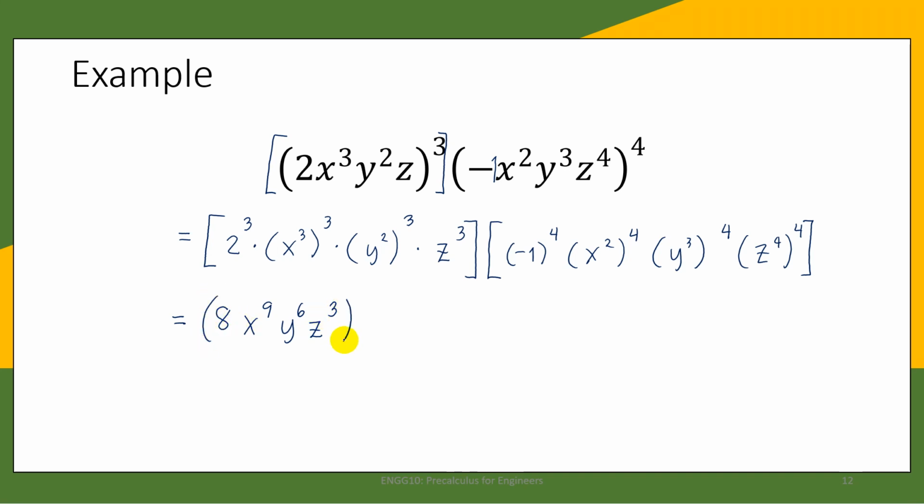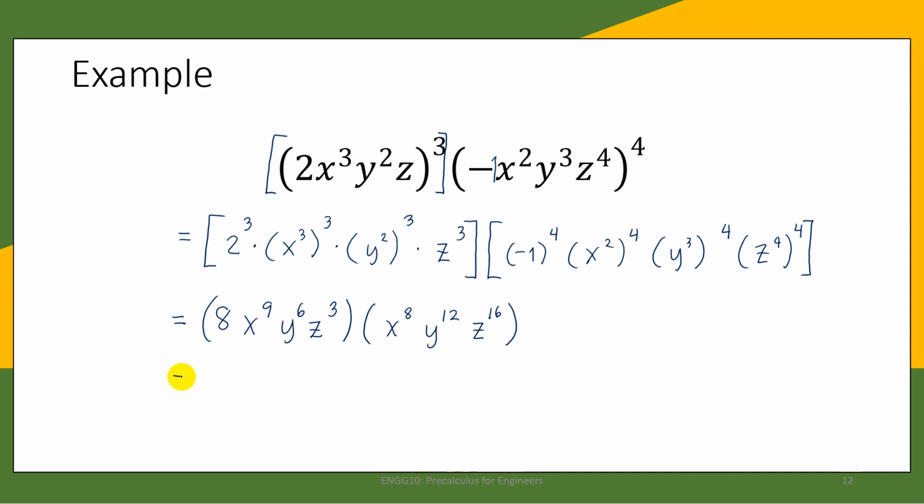For the second expression, negative 1 raised to 4 becomes positive 1. We don't need to write positive 1 anymore. X squared raised to 4 is x raised to 8. Y raised to 3 raised to 4 is y raised to 12. Z raised to 4 raised to 4 is z raised to 16.